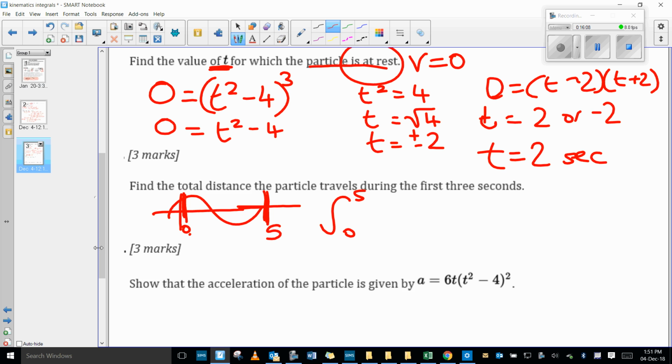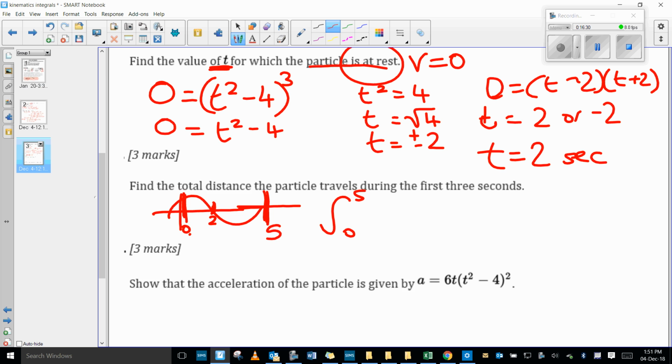What's special about this area compared to this area? One's underneath the axis, isn't it? Yeah. And one's above it. And so if I were to just find the definite integral between 5 and 0, I wouldn't get the right answer, would I? No. So I'd need to know this point here, so let's pretend that that's 2.